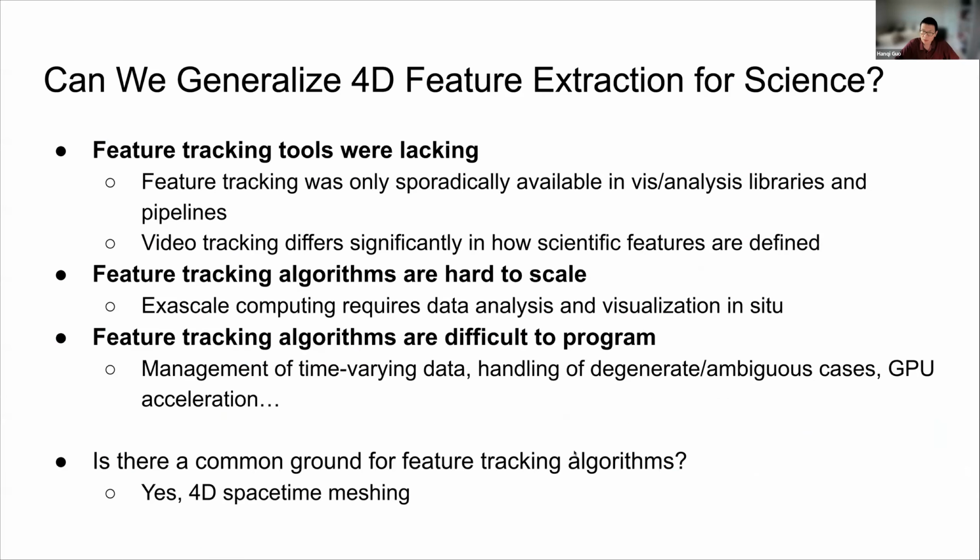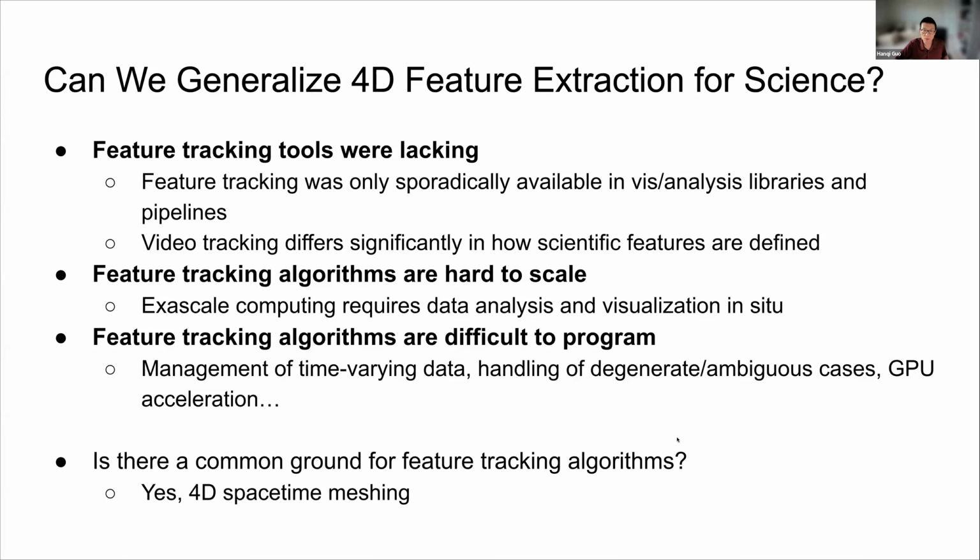So this was done 10 years ago, and what I was really curious about was how to generalize this kind of research pattern to different types of features. Can we generalize the same 4D methodology to other things? At that time, feature tracking tools were really lacking, and these feature algorithms are hard to scale considering exascale computing and the need for in situ visualization and analysis.